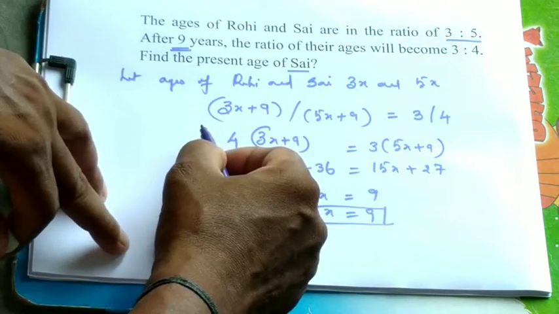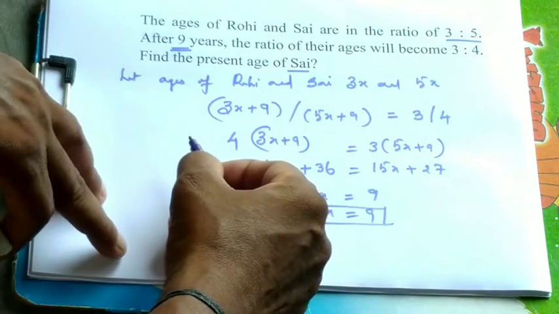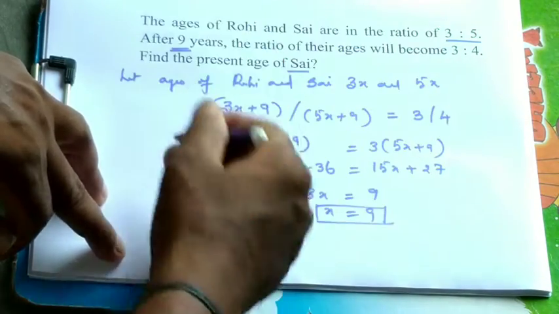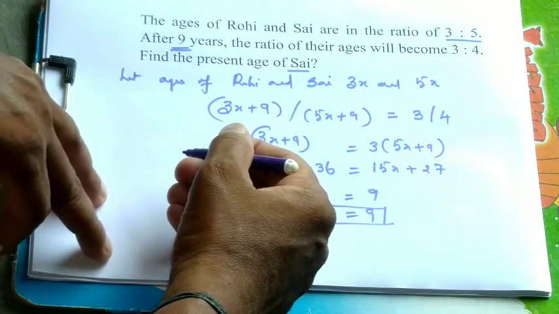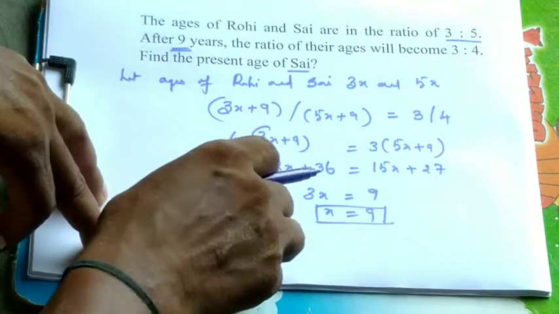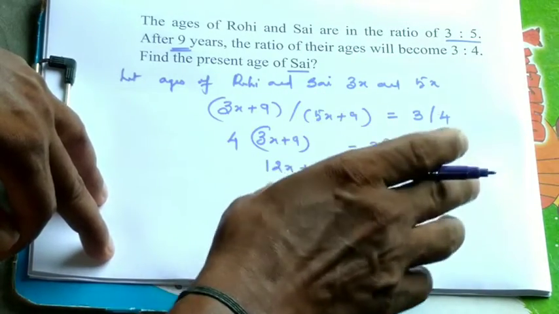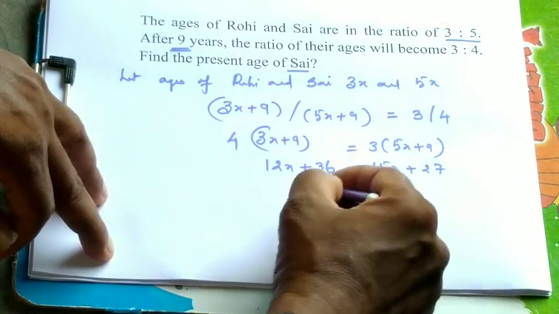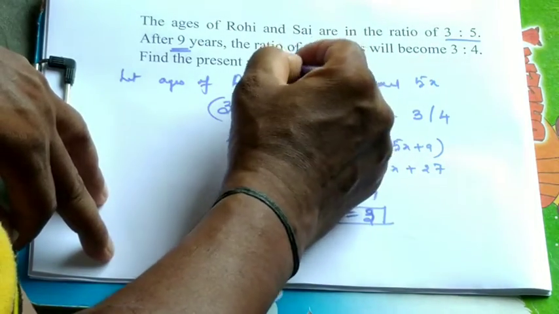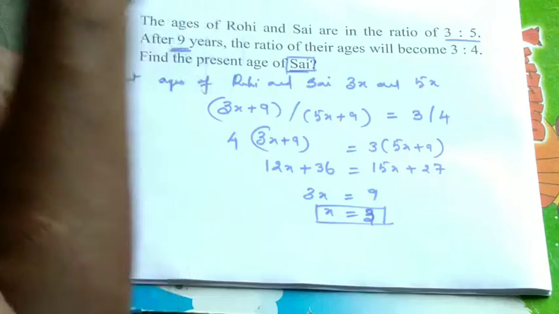Initially we assumed the ages are 3x and 5x, so now we are going to find Soy's age. Here 3x equals 9 means the x value becomes 3.